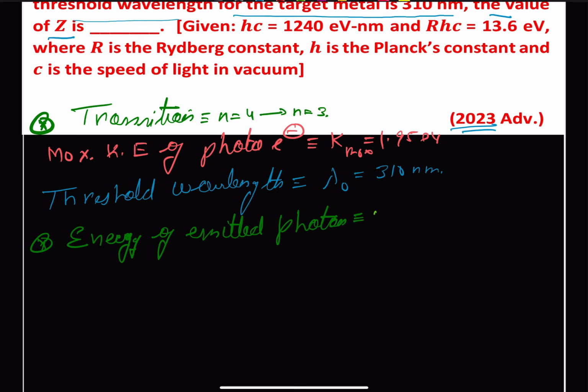If that is given as E, then this E will be equal to RHC Z square into 1 upon N1 square minus 1 upon N2 square.